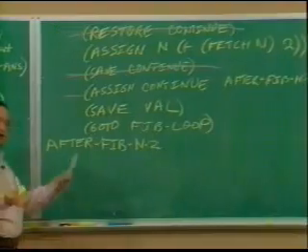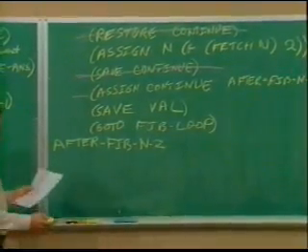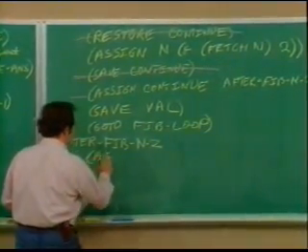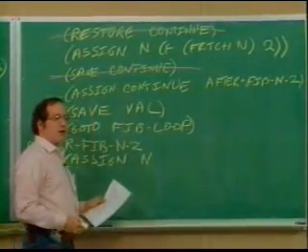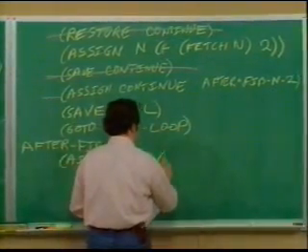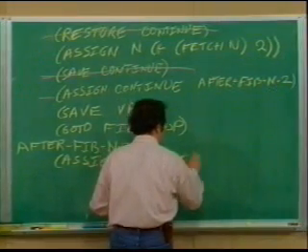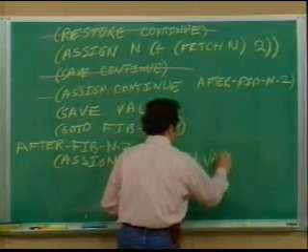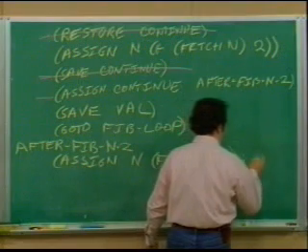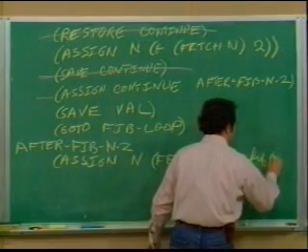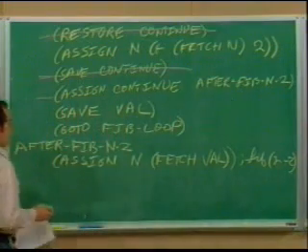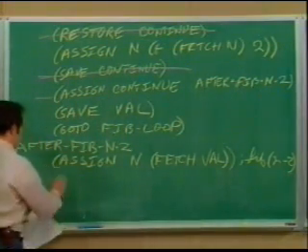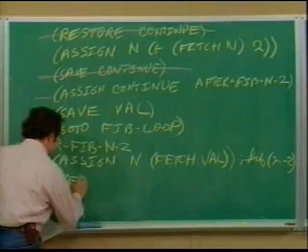Okay, so because it's the same problem with how many hands I have. So I'm going to assign to n, because I'm not going to need n anymore. N is useless. The current value of val, which was the value of fib of n minus 2. I'm going to restore the value register now.